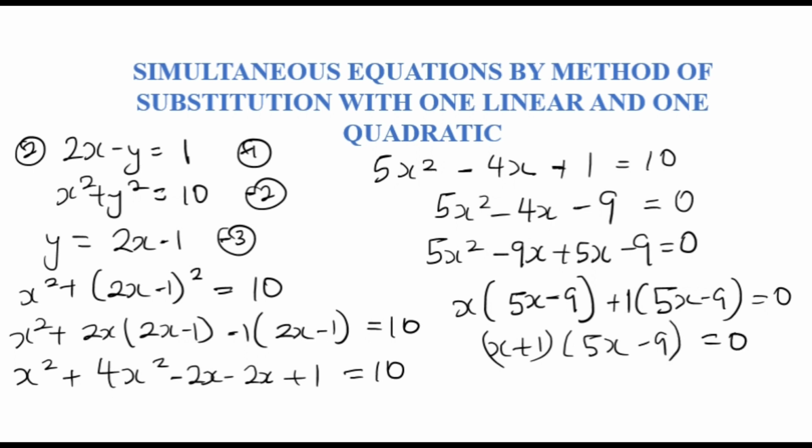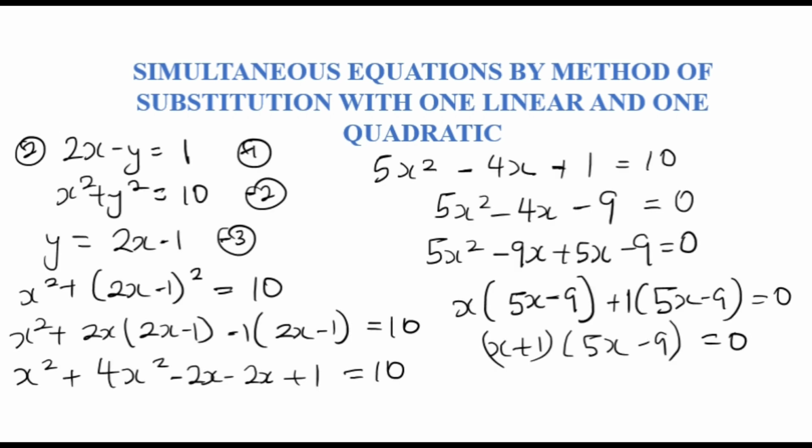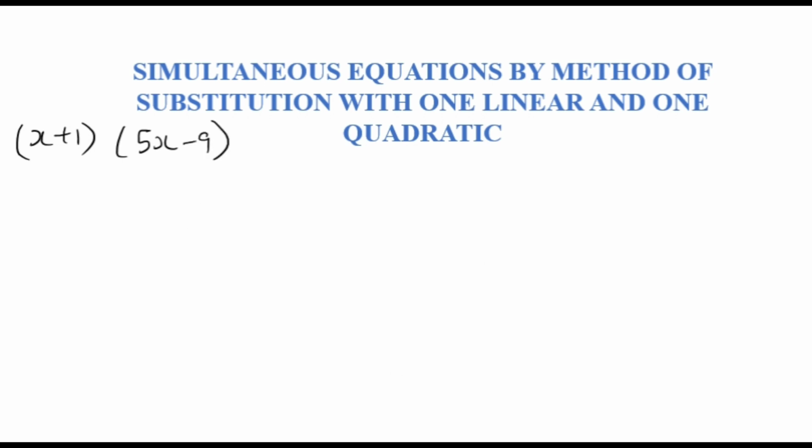So let me rewrite it here. x plus 1, 5x minus 9 equals 0. So we have two solutions.